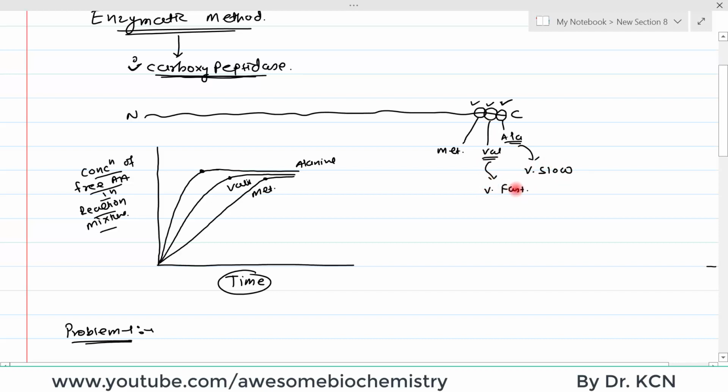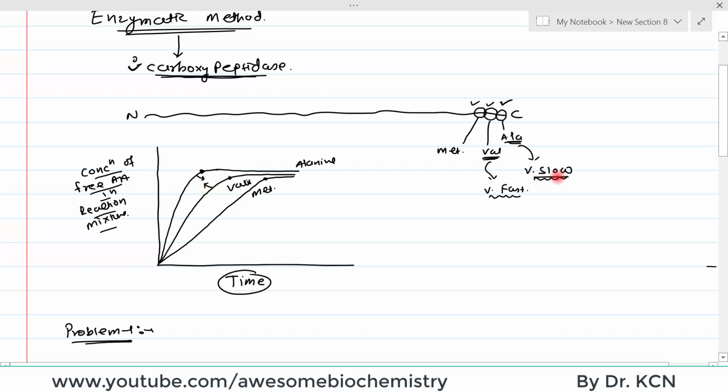Since alanine is removed at a very slow rate, it will reach its peak at a somewhat later time. So, this curve will shift to the right side, and if valine is removed at a very fast rate, this curve will shift to the left side.